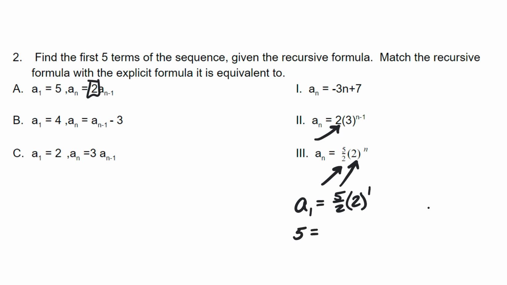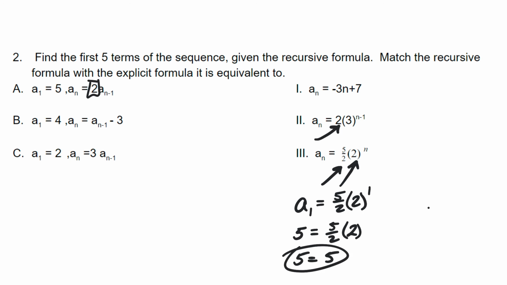So remember our order of operations, 2 to the 1 power is 2, and 2 times 5/2 is in fact 5. That doesn't mean that this is the correct answer. Other equations and other sequences could do that, but this is the one that works.